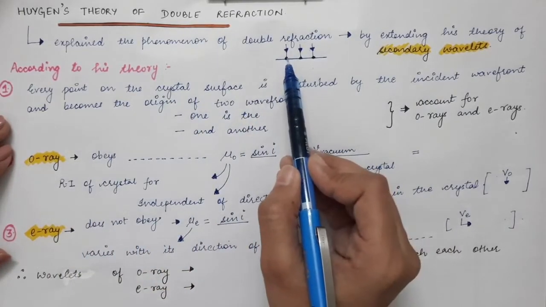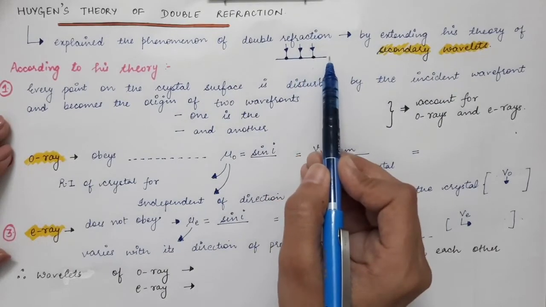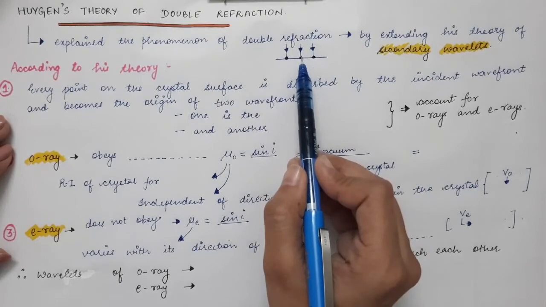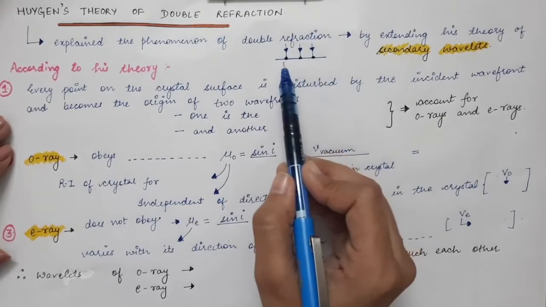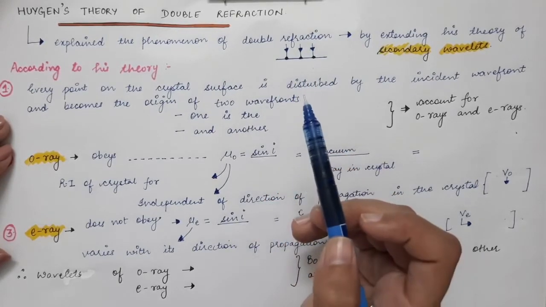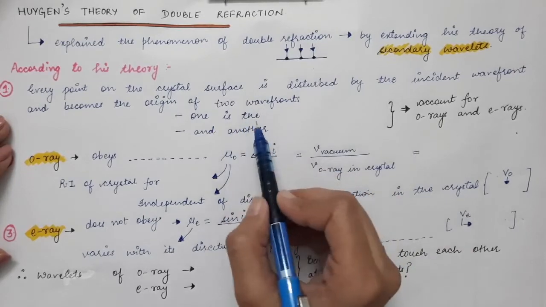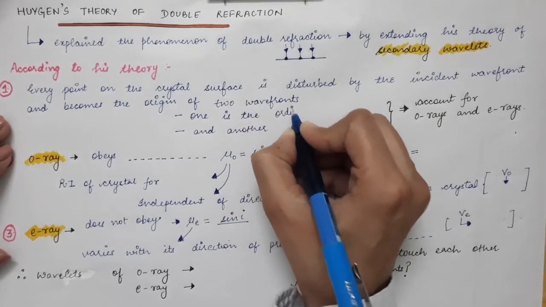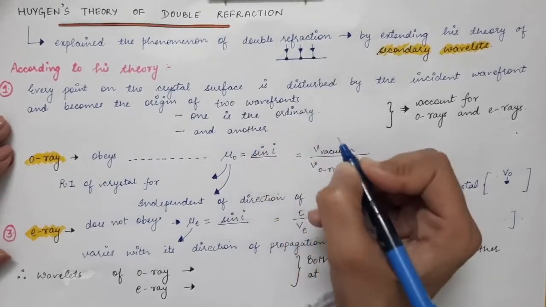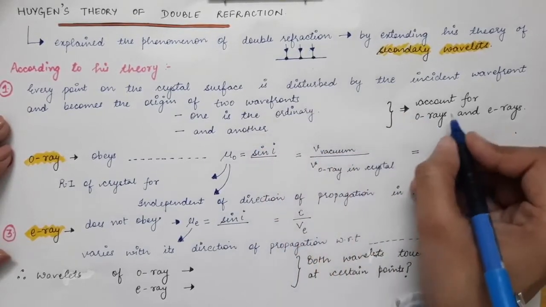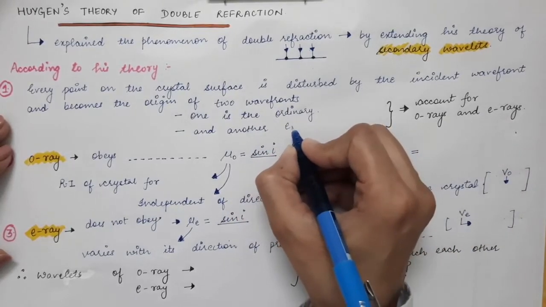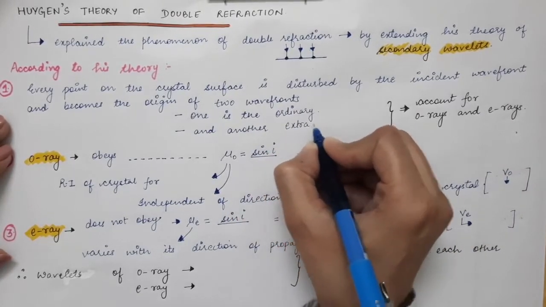From each such point, two wavefronts will originate. One is the ordinary wavefront, and this accounts for the ordinary ray. The other wavefront is the extraordinary wavefront.